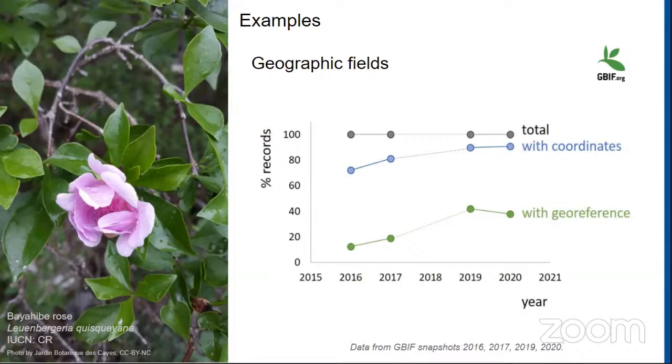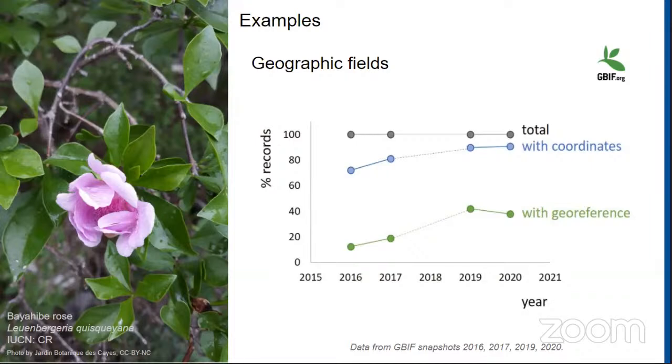According to the georeferencing best practices, the 3 minimum elements that a good georeference should have are coordinates, geodetic datum, and uncertainty associated.